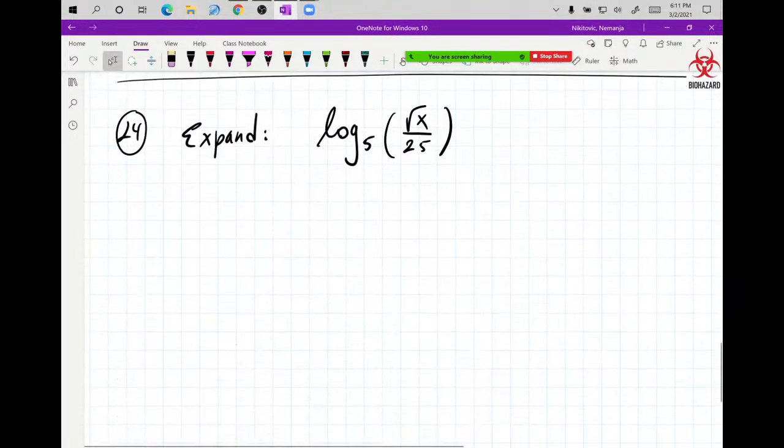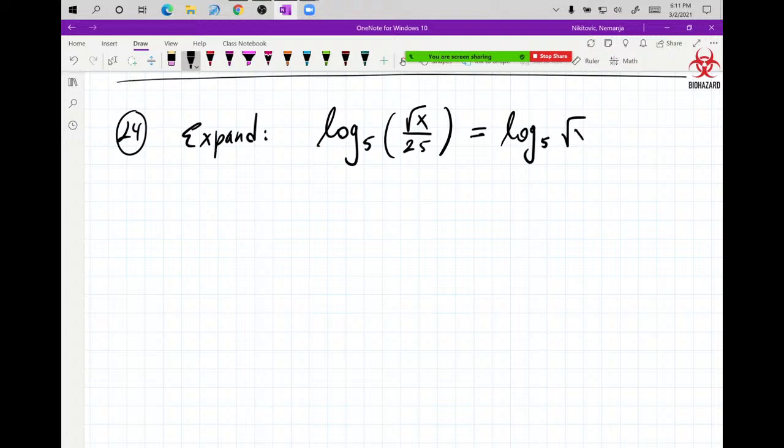Oh, okay. So this has to be log base 5, you have to keep the base, of the square root of x, and then minus log base 5 of 25. Now this computes further because you have this x, square root of x is x to the half, right? So you can kick that exponent out. Now there is also a really clever thing you can do here.